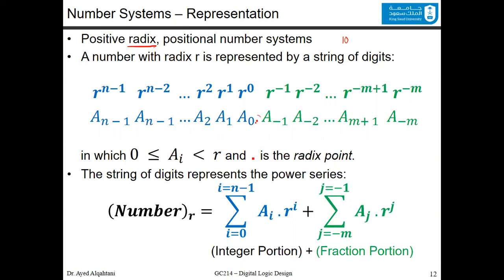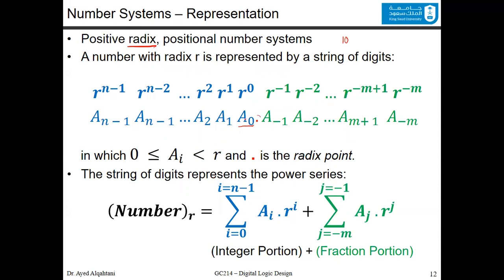At the left of the point, we have digits A0, A1, A2, up to AN-1. And to the right of this point, we have A-1, A-2, up to A-M. Each one of those positions has a certain power, which is, in general, radix to the power of 0, radix to the power of 1, radix to the power of 2, and so on, up to N-1. This is on the left side of the point. On the right side, we have radix to the power of -1, radix to the power of -2, up to radix to the power of -M.